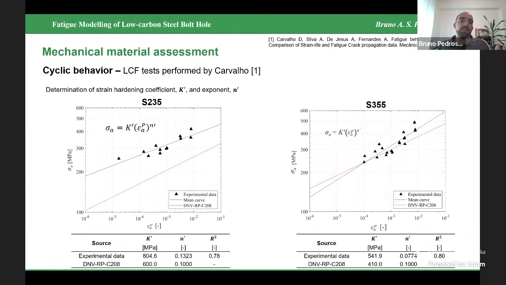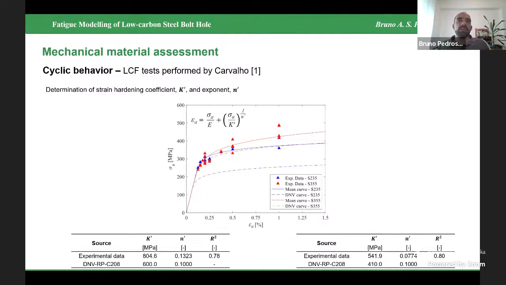So considering experimental results on low cycle fatigue tests on S235 and S355 smooth specimens presented in literature, the strain hardening coefficient and exponent were determined using a linear regression on the relation between the stress amplitude and the plastic strain amplitude, as presented in these figures. The parameters recommended in the DNV standard are also presented in these tables.